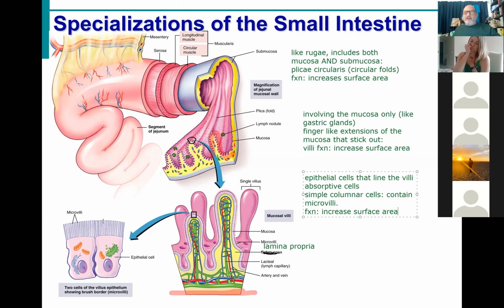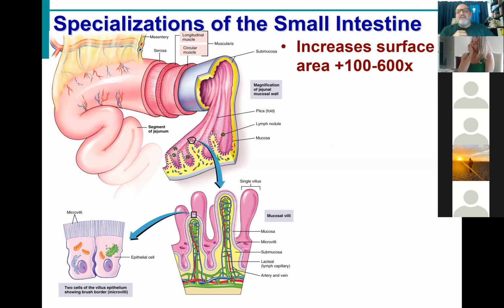And of course, why do we want this big increased surface area? Absorption of nutrients. Absolutely. In fact, notice if you look closely at the villi, we'll see some things that we are familiar with. Capillaries for the absorption of nutrients into the blood, and also those specialized lymphatic capillaries called the lacteals for the absorption of lipid-soluble materials via digestion. So we have these massive, massive specializations, and these massive specializations dramatically increase the surface area.